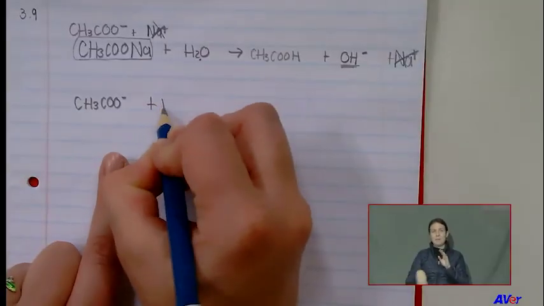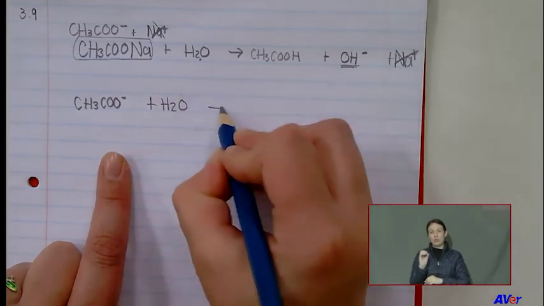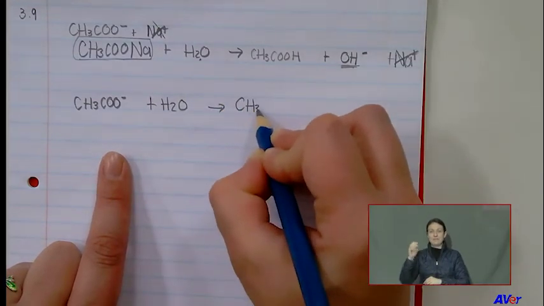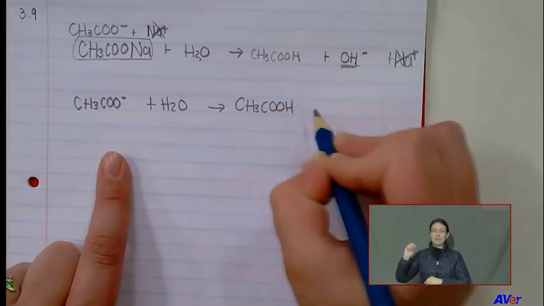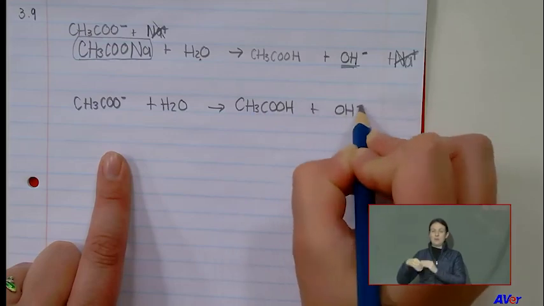So in other words, my hydrolysis reaction will be CH3COO negative. I omit the sodium. I just leave it out. Plus H2O. And that will form CH3COOH plus OH negative.